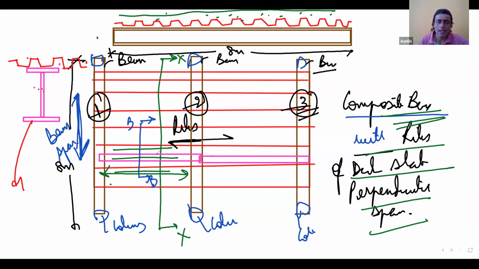Clear? And beams 4 and 5, because the beam span was also in this direction, because beams 4 and 5 were resting on beams 1 and 2, so for beams 4 and 5, the ribs are parallel to the beam span. Clear?